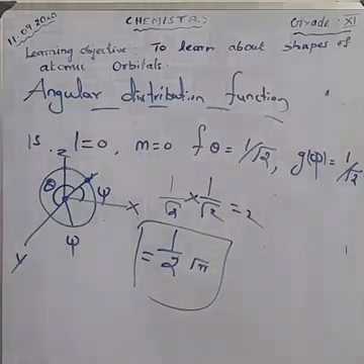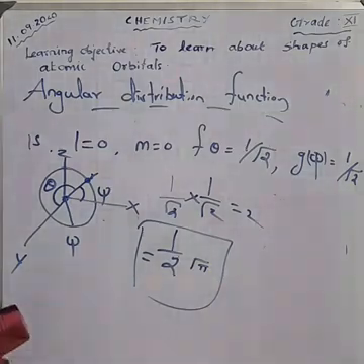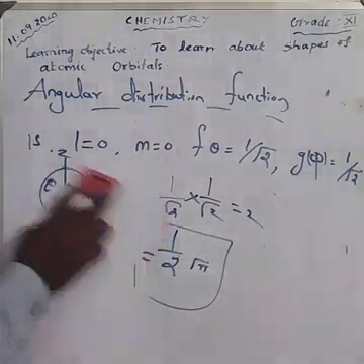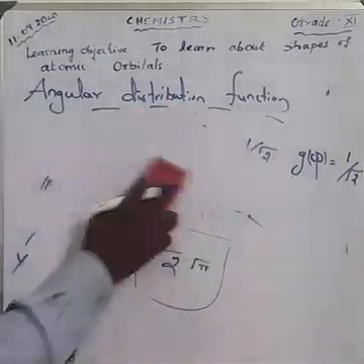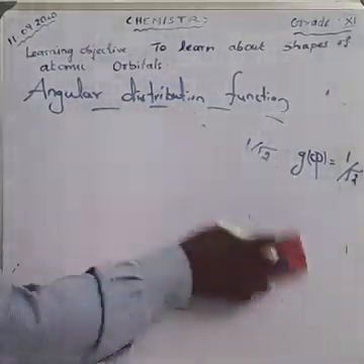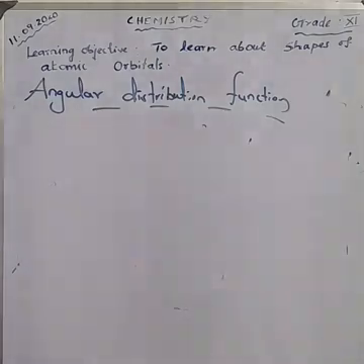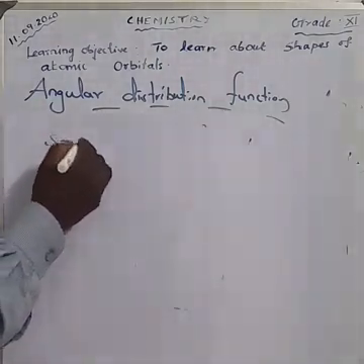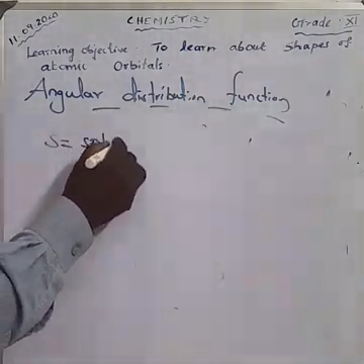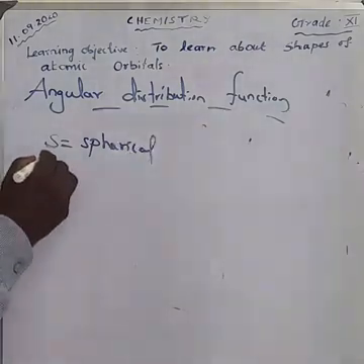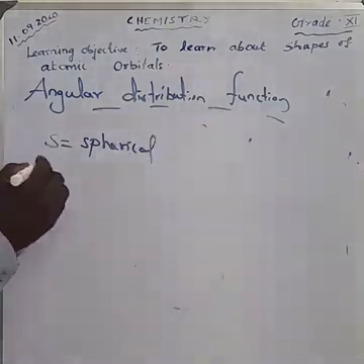Now we can say, what is the shape of an s orbital? The shape of an s orbital is spherical. By this method we can say the shape of an s orbital is spherical, and this is only for the one word question.